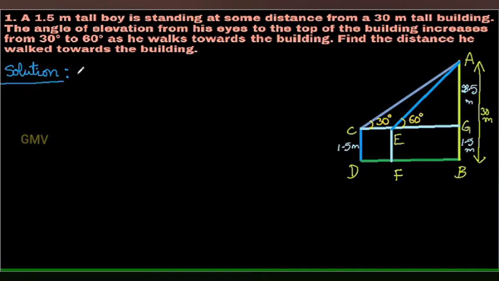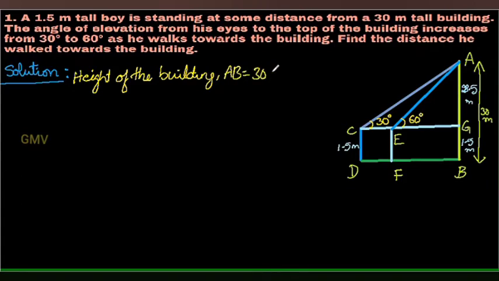Height of the building, that is AB, is equal to 30 meter. Since CD is height of the boy, 1.5 meter, CD is equal to GB. So GB is also 1.5 meter. So the remaining AG is 30 minus 1.5, means 28.5 meter.